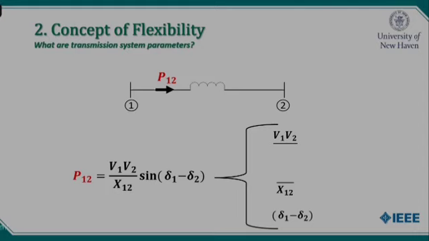These three are transmission parameters, and a FACTS device can affect one or more of these parameters. So why do we need this action? Because FACTS devices want to change the active power by manipulating these three parameters. Next, please.